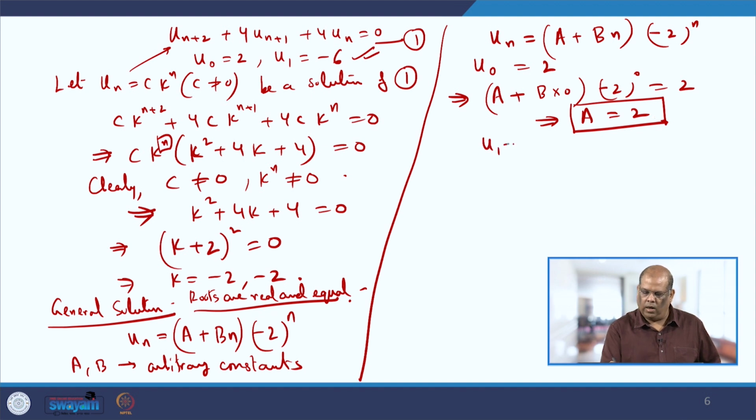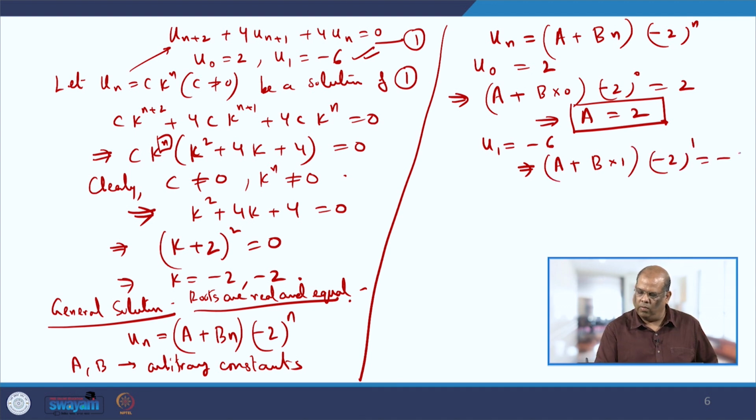And u1 equal to minus 6, and this implies a plus b into 1 into minus 2 to the power 1 equal to minus 6. This implies a plus b equal to 3. This implies b equal to 3 minus a, it is 3 minus 2 equal to 1. So the value of b is 1.